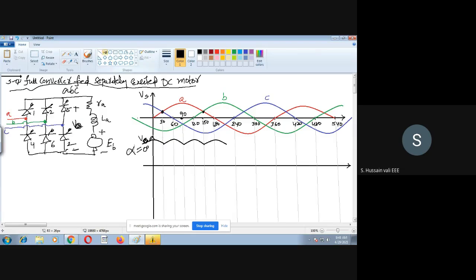We can complete this waveform like this only. So you can go on for alpha equal to 0. And we have seen this also: when alpha is greater than 0, what do you find in the waveform? The interesting thing is that you will find a small delay.